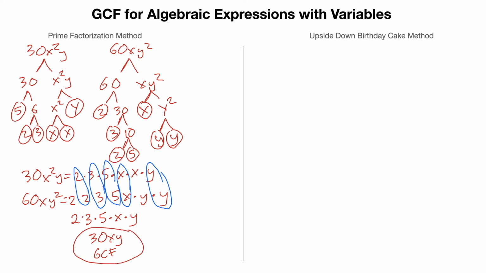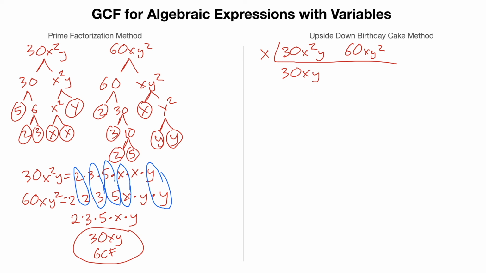All right, so if I'm going to do the birthday cake method, I'm just going to write my same numbers. I'm going to factor out the variables. So I'm going to start by factoring out an x. Now, if you have x squared and I divide by an x, that means I'm going to have one less x there. So that's going to leave us with 30xy. On the right-hand side, we've got 60xy squared.